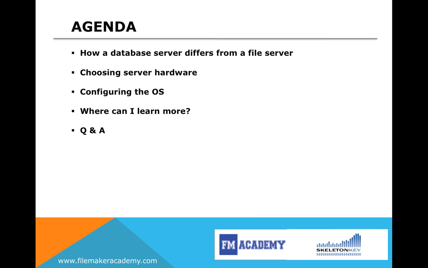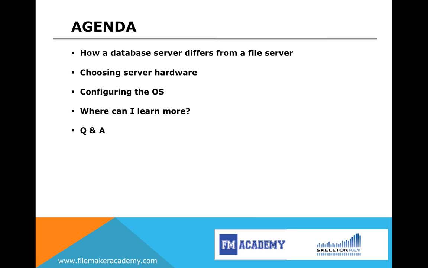So what we want to do today is educate you on some of the decisions that you can make to start off well here. Make sure that you spend your money wisely when you're looking at hardware, and that you get the best server you can to really let FileMaker shine and show your solution in the best possible light.